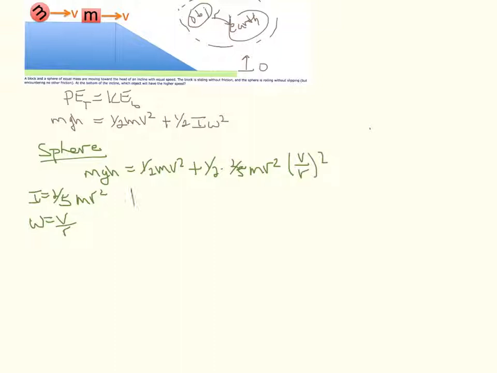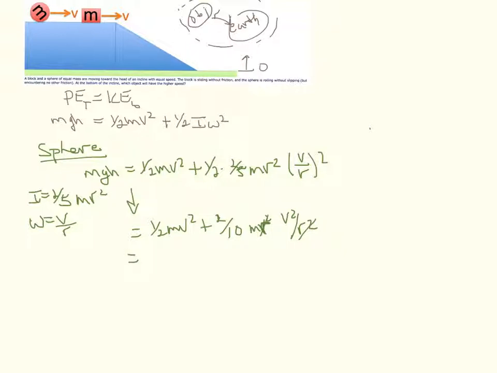If I keep working this down, I get 1/2 mv squared plus 2/10 mr squared v squared over r squared, and so the r's cancel out.